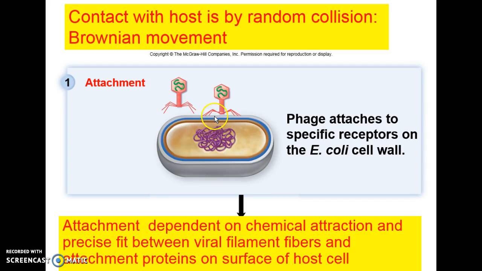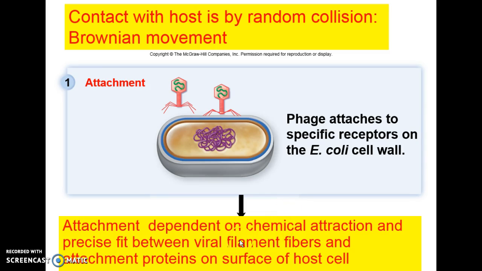Attachment of the virus to the host is dependent on the precise fit between the recognition sites found in the filament fibers of the phage and the specific attachment proteins on the surface of the host cell.